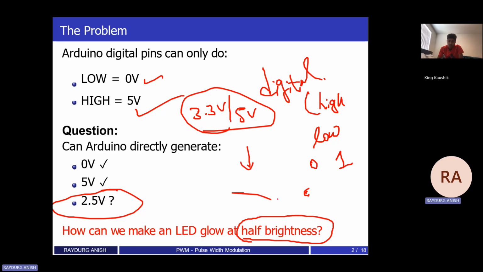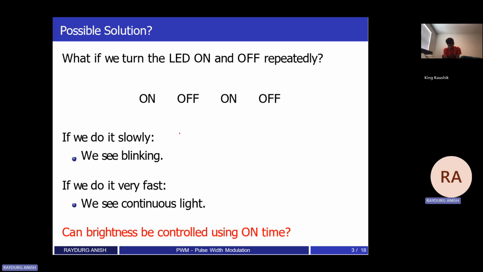So yeah, how can we bring the LED to half the brightness? By using PWM. PWM, exactly. So generally we switch on or off, on or off. If you do it repeatedly, very fast, then we just see a very dim light.